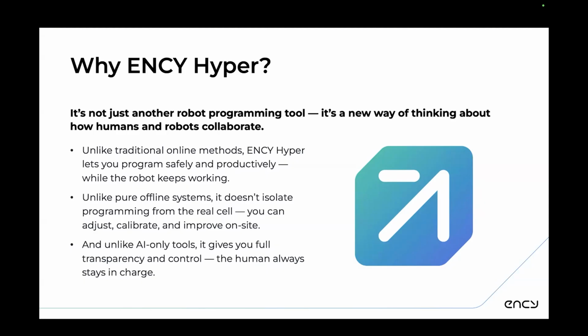Unlike pure offline systems, it does not isolate programming from the real cell. You can adjust, calibrate, and improve on site. And unlike AI-only tools, it gives you full transparency and control. The human always stays in charge.